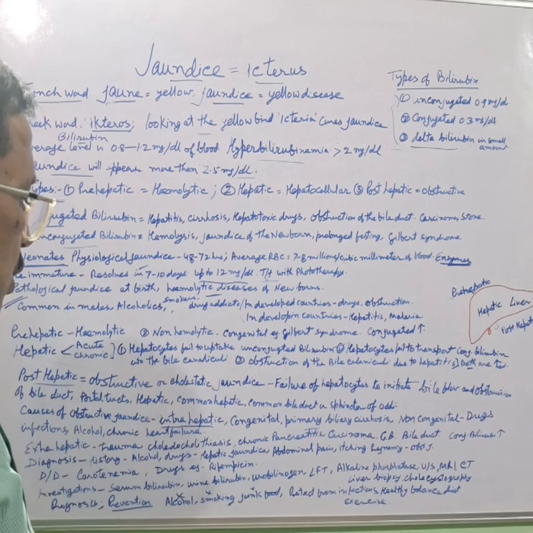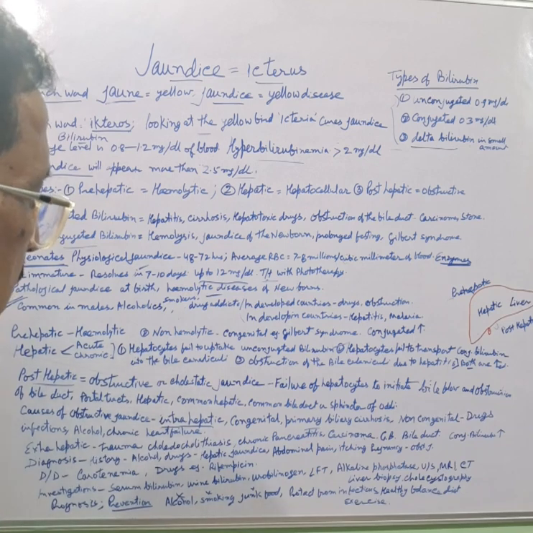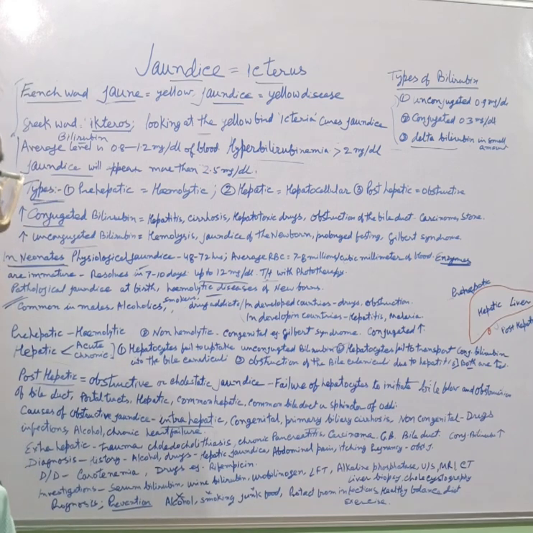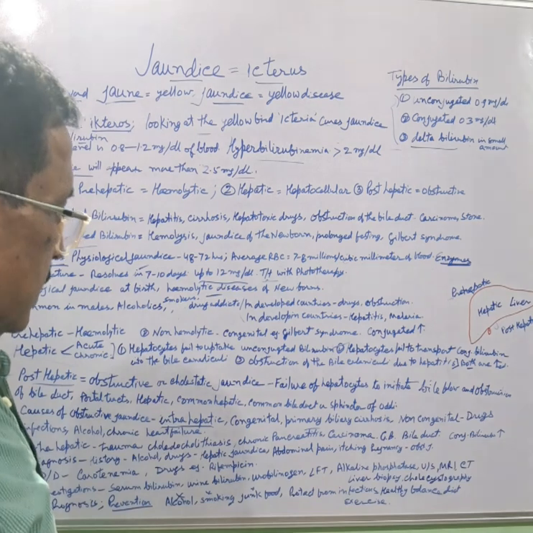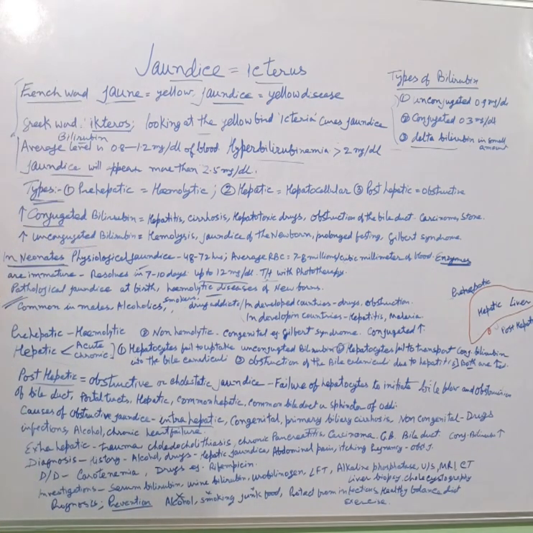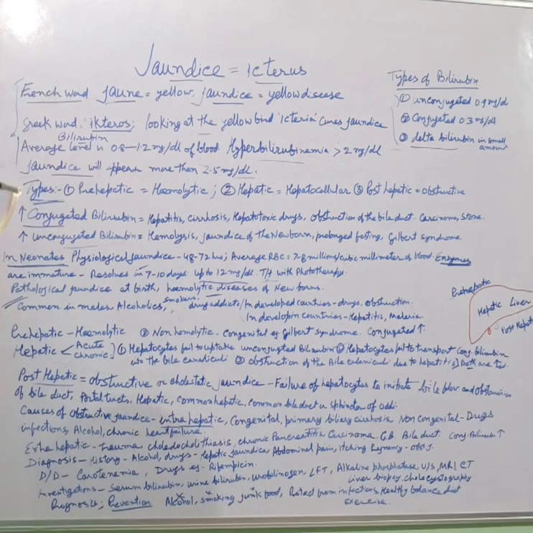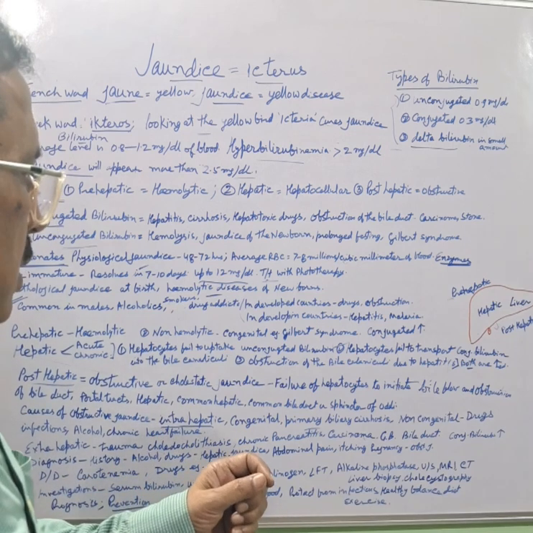Urine bilirubin, urobilinogen, liver function test, alkaline phosphatase, ultrasound, MRI, computed tomography, liver biopsy and cholecystography are needed to establish the presence and cause of the disease. They will confirm presence of jaundice, and also pinpoint the cause of jaundice.